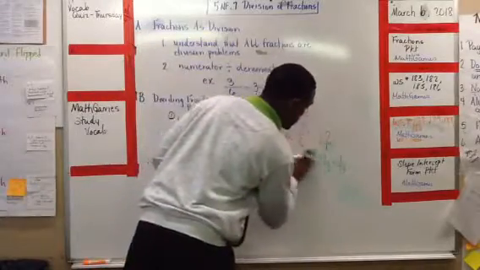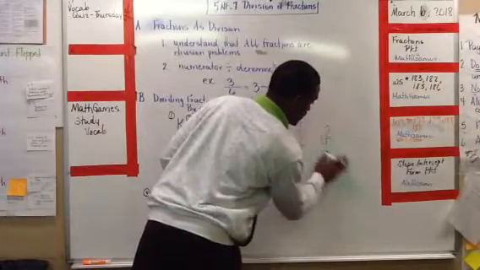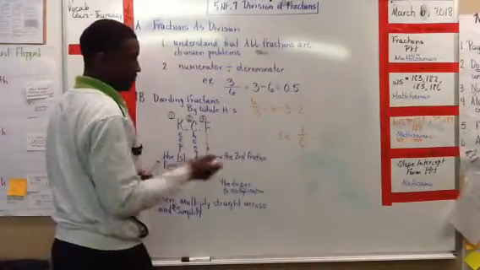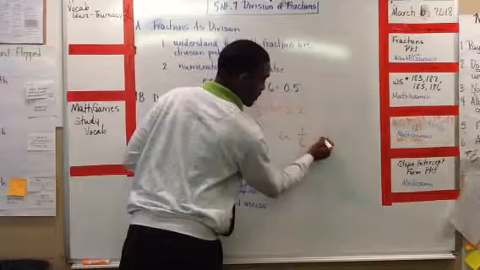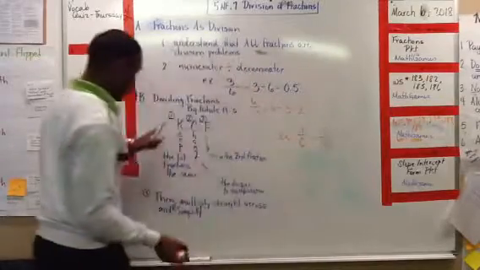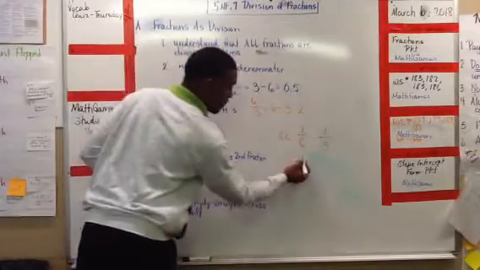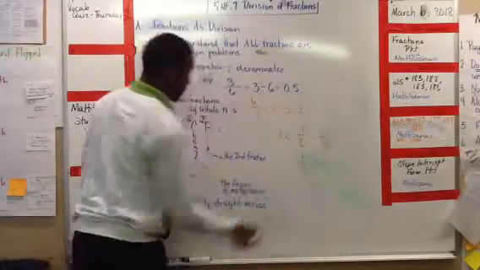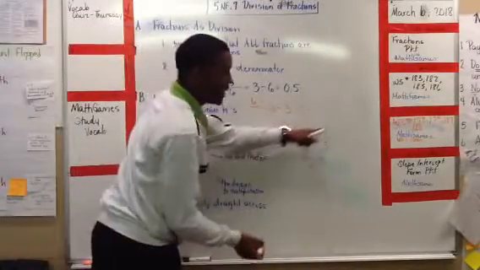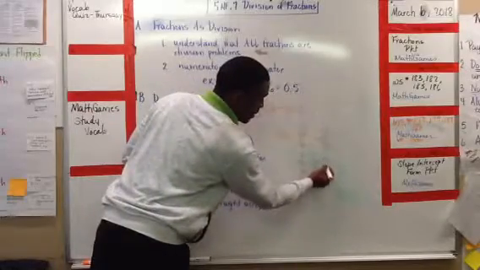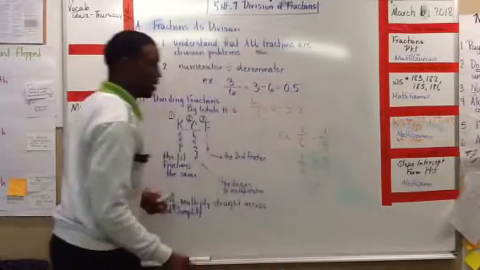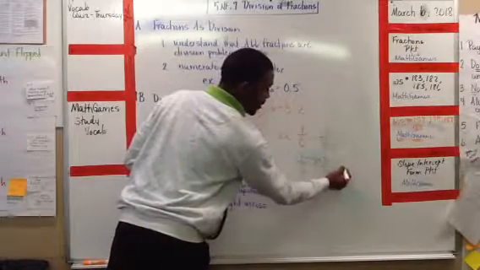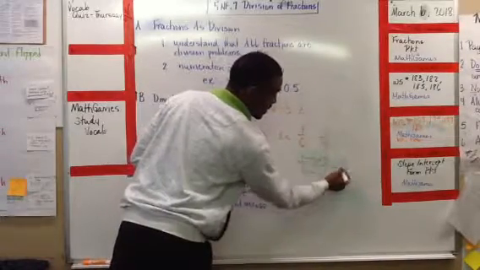So for example, if both of these were fractions, you would keep the first fraction the same, change the division to multiplication, and flip the second fraction. It's a fraction already, so now I can flip it. Now I multiply straight across. 1 times 3 is 3. 6 times 1 is 6.